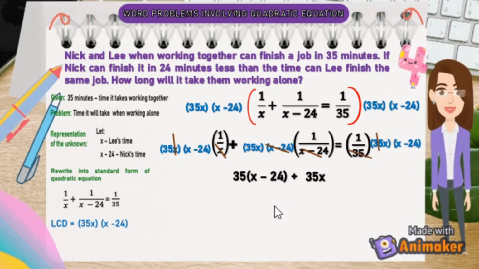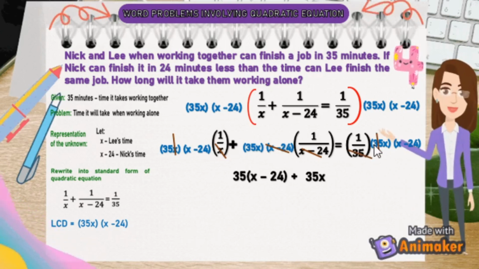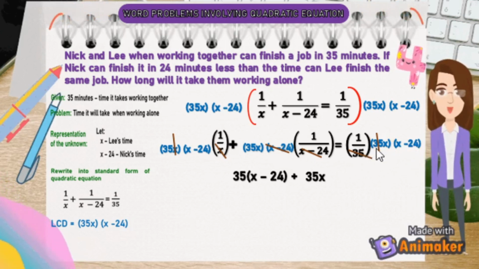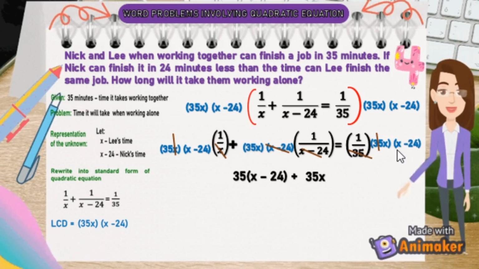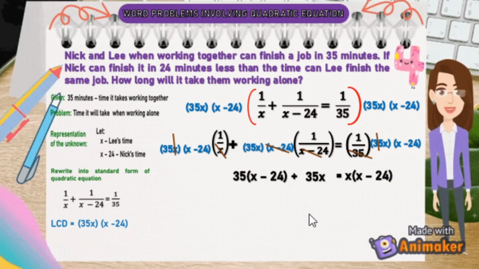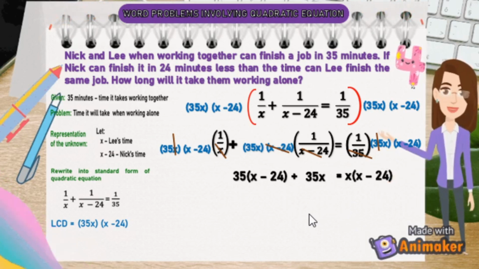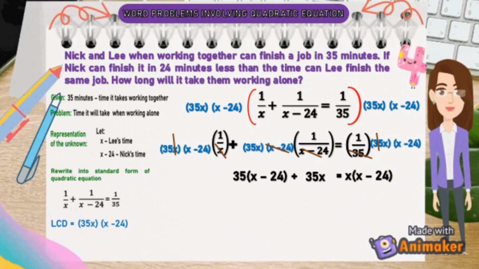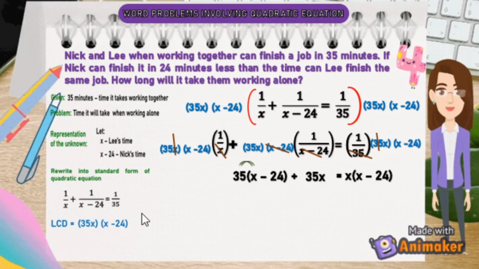And sa right side of the equation naman, ang makakancel out natin ay yung 35. So, matitira tayo ng 1 times x times x minus 24. So, magkakaroon tayo ng x multiplied by x minus 24. So, simplify pa natin.